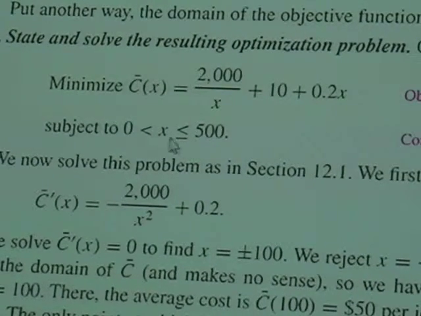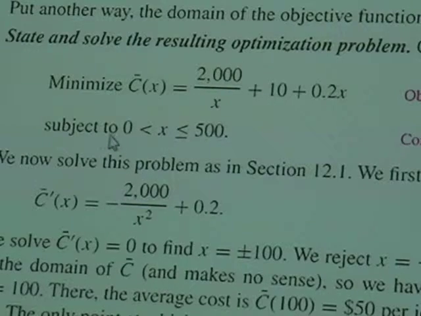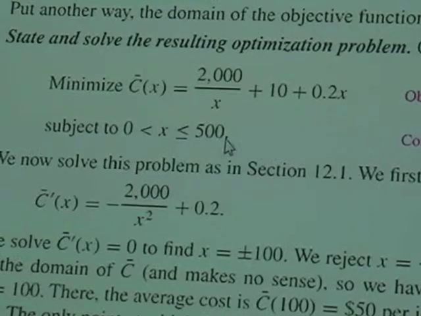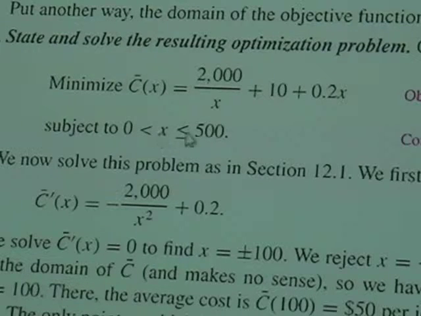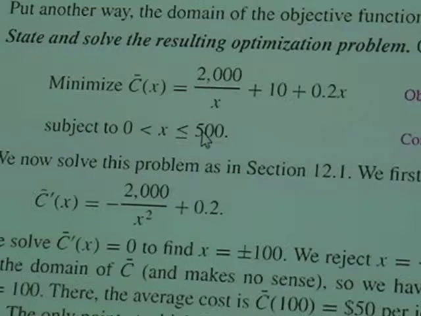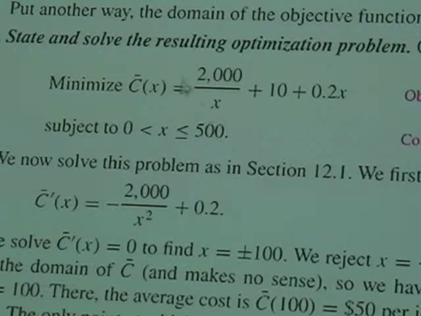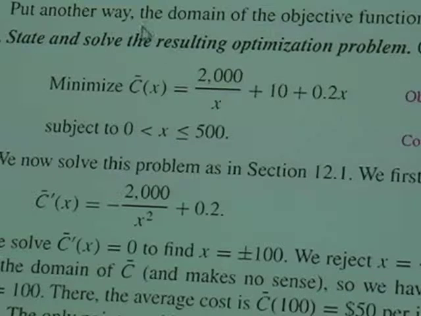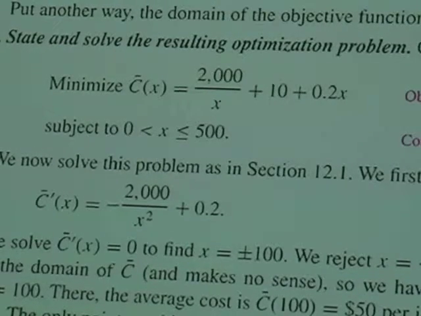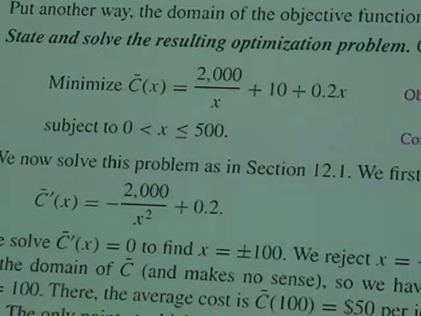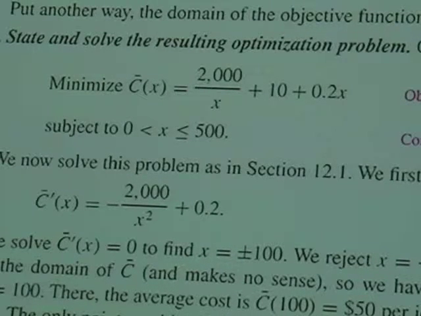What's the lowest value we allow x to be? 0, right? That's the boundary point. Actually, it's not even allowed. And x equals 500 is the maximum. So put x equals 500 into the average cost function. Put 500 into that, what do we get? We get $114, according to his calculation.